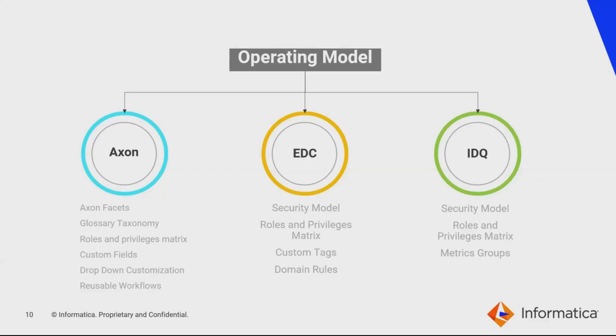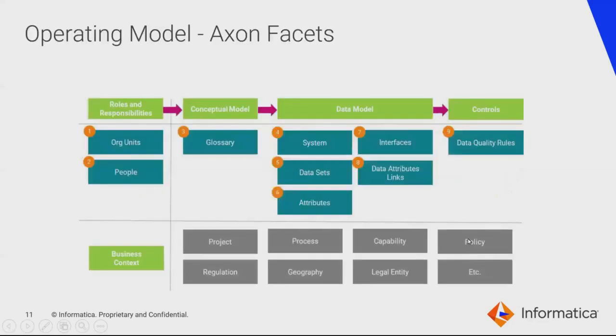Due to the time limitation, we won't be able to get into details on all of these considerations over here, but I will briefly touch upon one or two of them to emphasize the importance of these. For example, something as simple as Axon facets. Axon has a lot of facets, but it doesn't make sense to roll out all of those to your users.